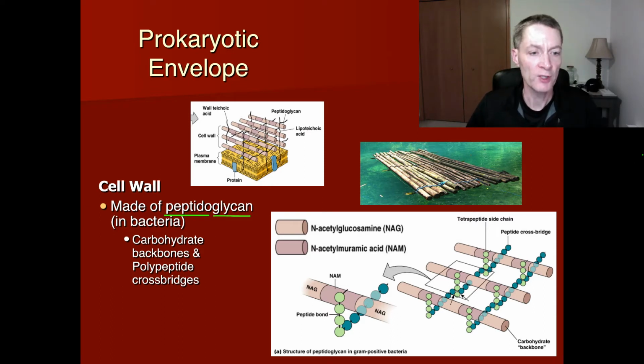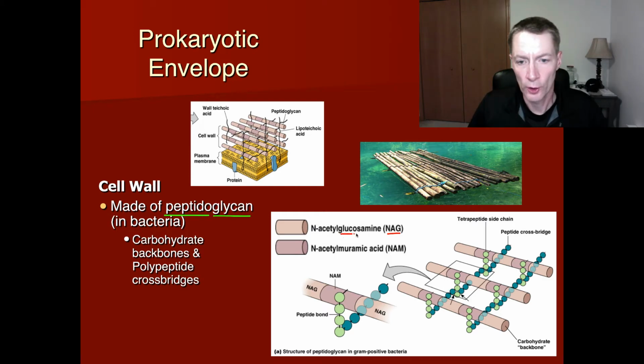Now the carbohydrates make up the backbones, and the polypeptide cross bridges make up the peptide part of that, okay? So let's switch to red here just because I think we'll see it a little easier. So if we look at the carbohydrate backbones, we run into something called N-acetylglucosamine, or we'll just say NAG, okay?